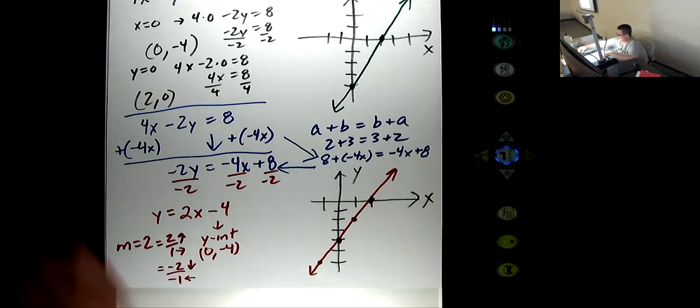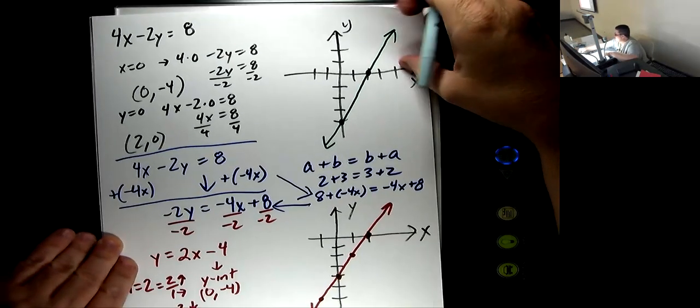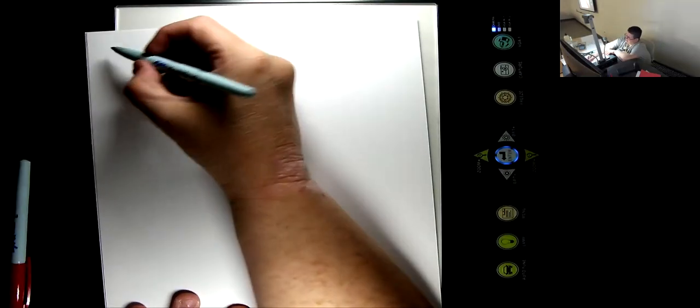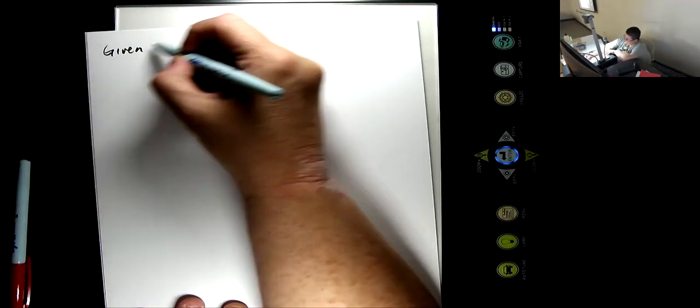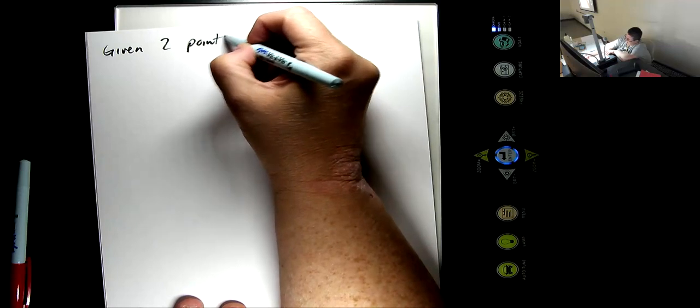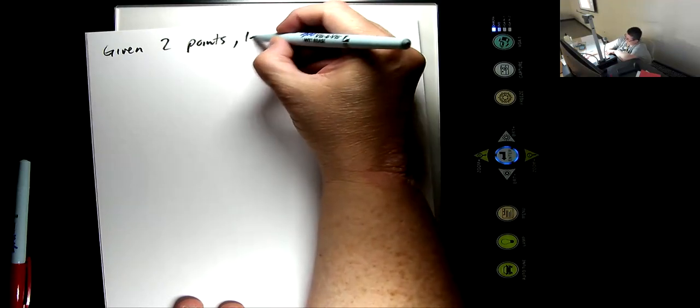Sometimes we're not given the equation. Sometimes we're just given 2 points. Sometimes we're given the slope and a point. So if we're given 2 points, let's make the line.